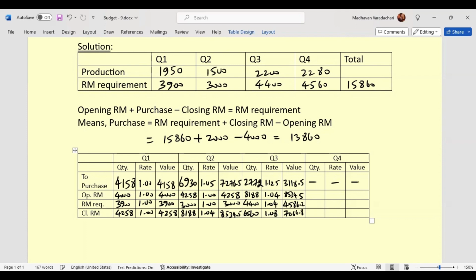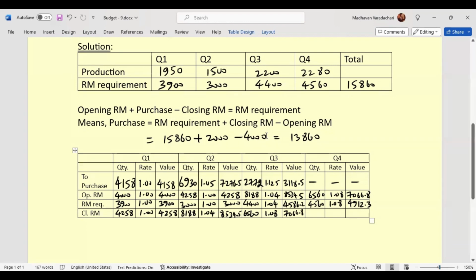So here, opening raw material is the previous quarter's closing, which is 6560 at 1.08, valued at 7066.8. Required raw material for quarter 4 is 4560. And this will be issued from the opening raw material only, which is valued at 1.08. If we calculate 4560 into 1.08, we get approximate 4912.3.